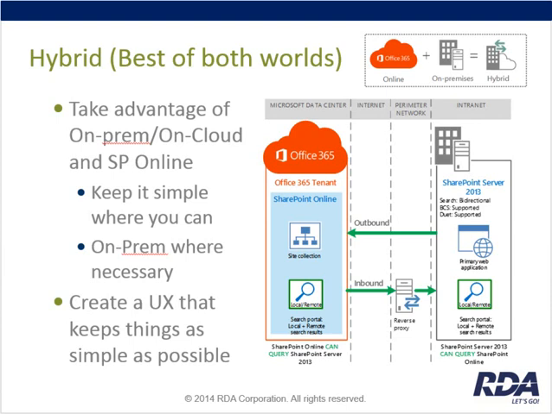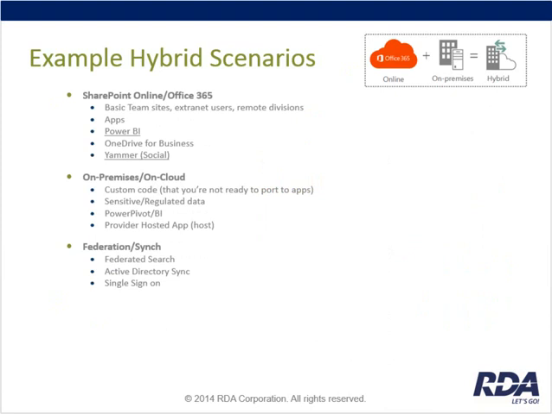So in order to achieve that really unified experience, you really need to create a user experience that helps them to keep things simple from a user perspective. So a little breakdown of, in a hybrid scenario, which workloads and concepts go better, or go very well, in which environment.